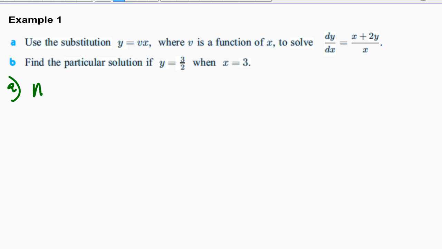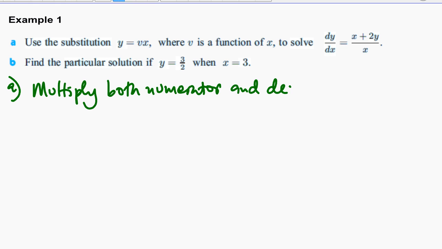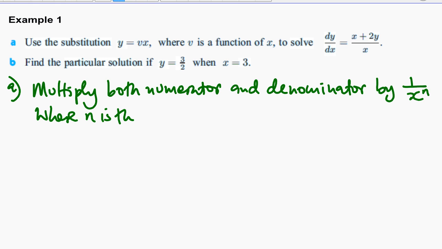Multiply both numerator and denominator by 1 over x to the power n, where n is the sum of the powers.